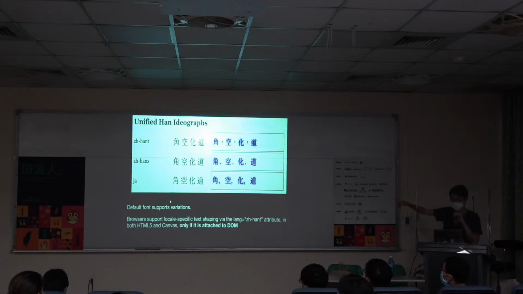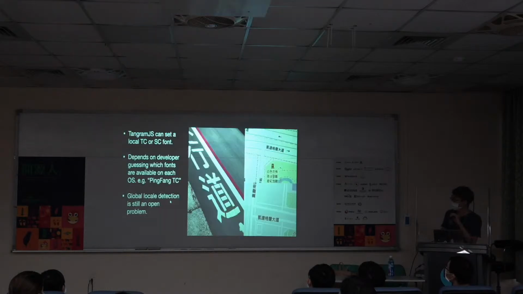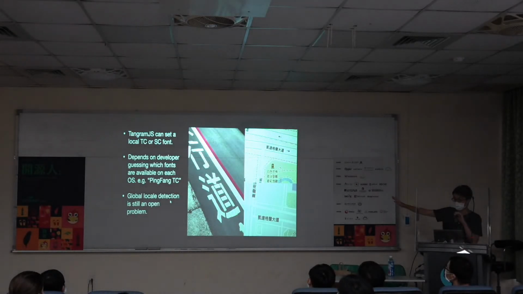The browser does support this kind of localization, by using the language attribute on the DOM. However, I discovered the canvas needs to be attached to the DOM for that to work, so Tangram can't support this out of the box. But what you can do is choose a font to render with based on the browser.